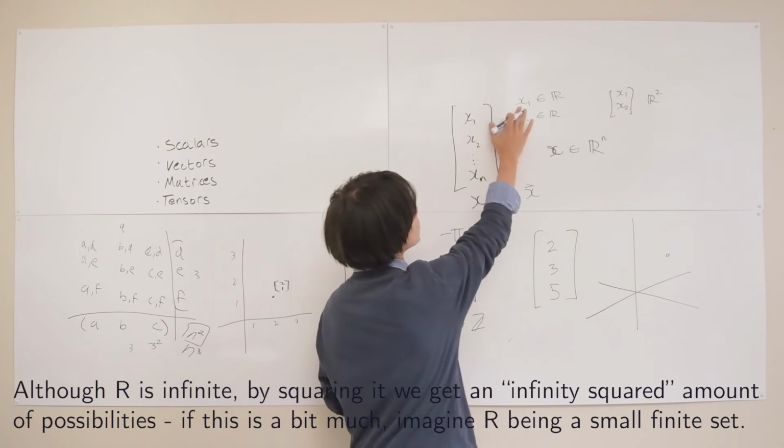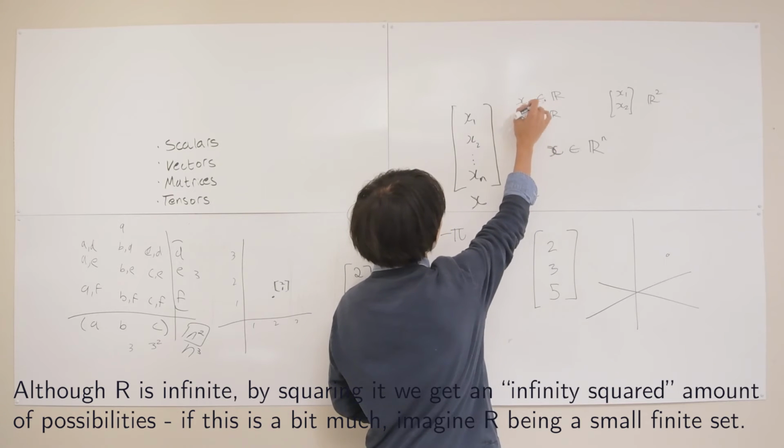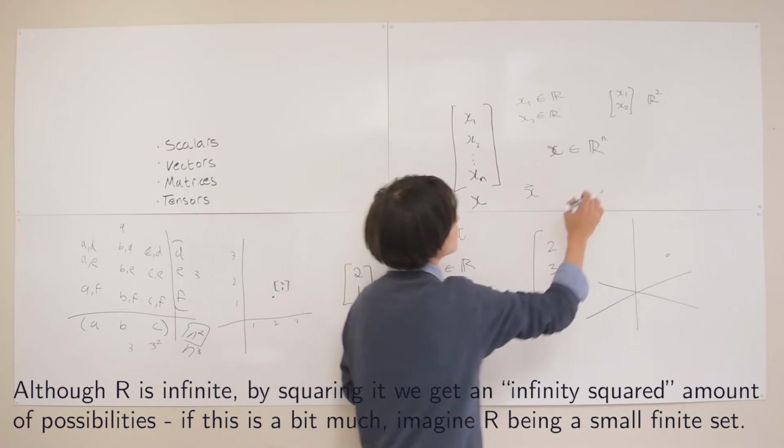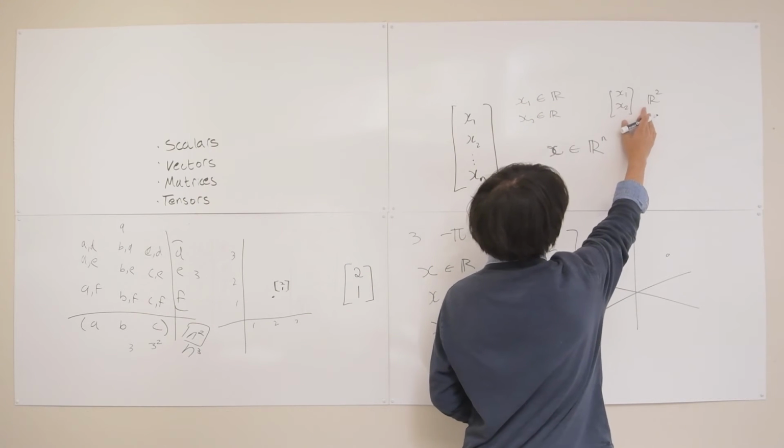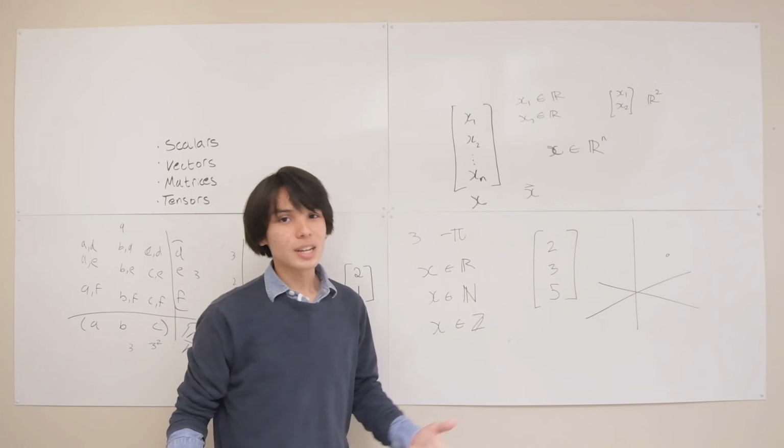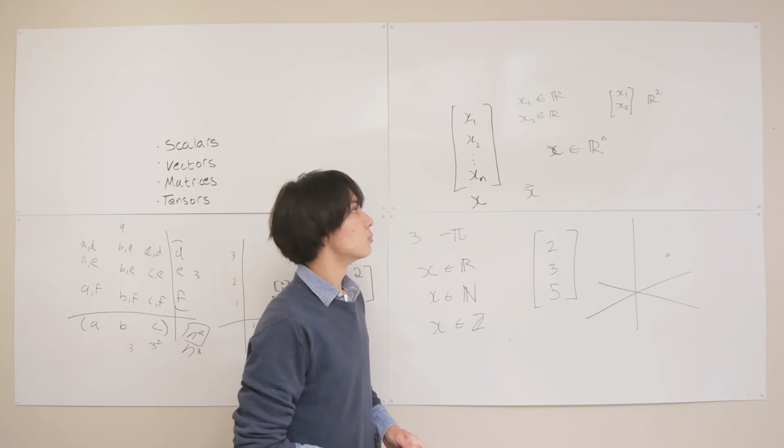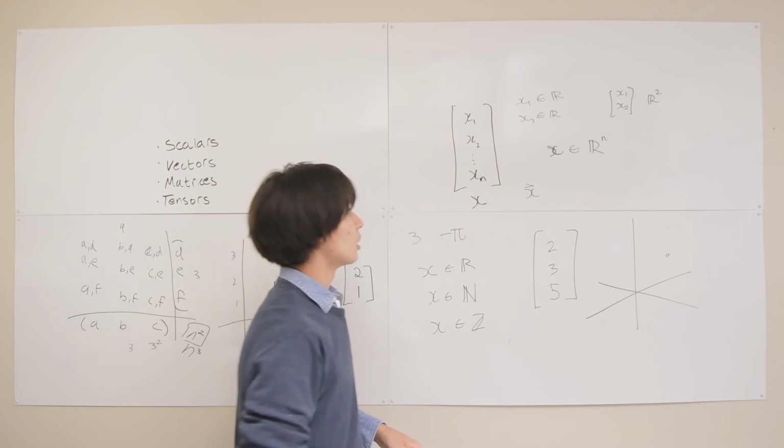If we have x1, there's this many possible versions of it, but now that we have 2, those possibilities have squared. Those are two popular ways to understand where that number comes from.